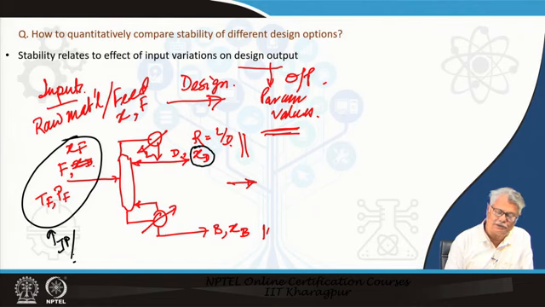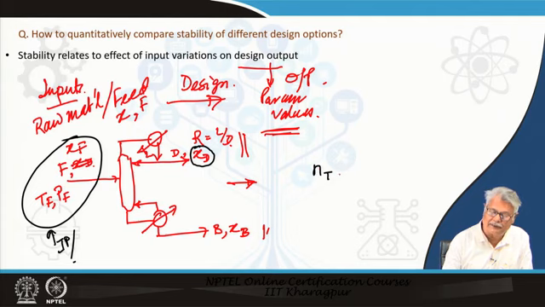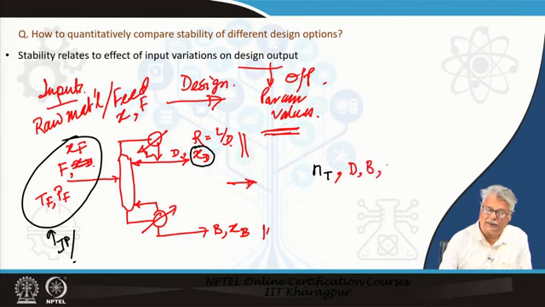What is my design output? By number of trays. I will use another color to distinguish. This is the number of trays. You have found out the distillate flow rate, the bottom's flow rate. The X D is definitely known to you.